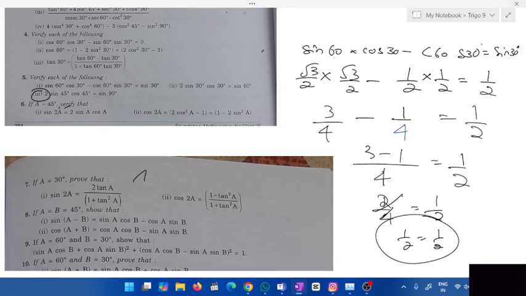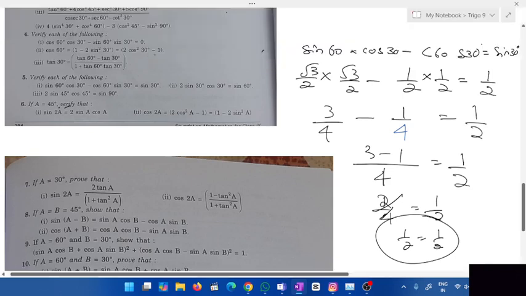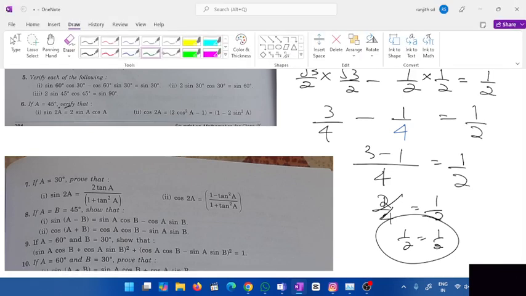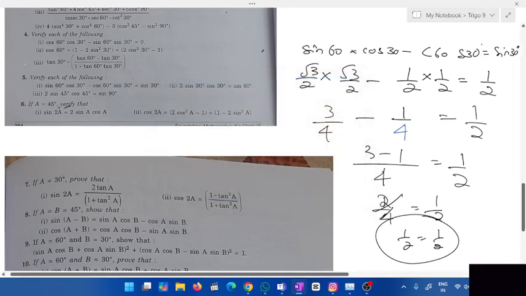Fifth main, third one. Okay, till fifth main, they didn't mention the value, students.